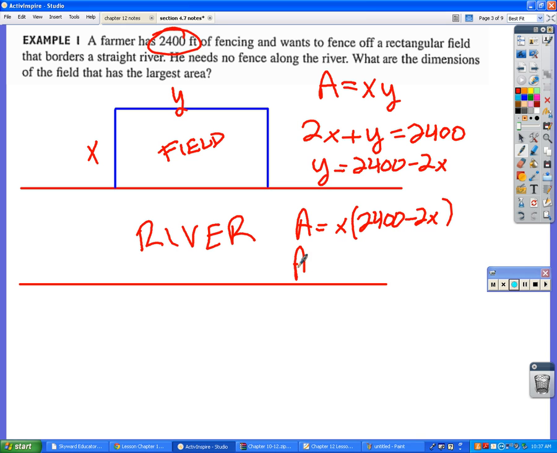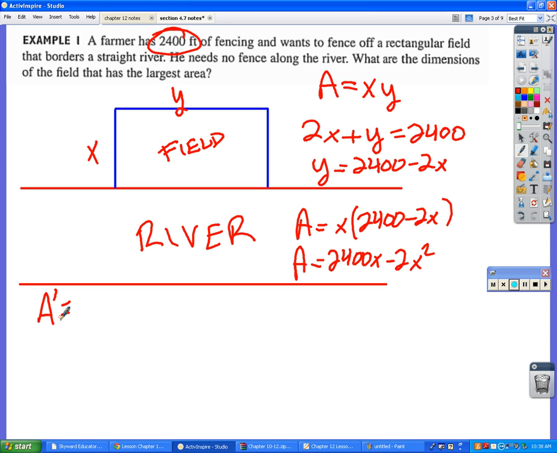So before I take the derivative of this, I'm going to distribute the x so that I don't have to use the product rule. And I'm not going to pull out a 2 because it's not equal to anything yet. I'll pull out a 2 when we set it equal to 0. So now I take the derivative, and if this is a derivative that you can't take, you really should just get it.